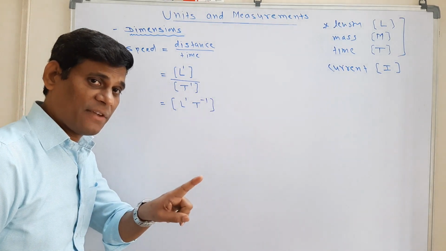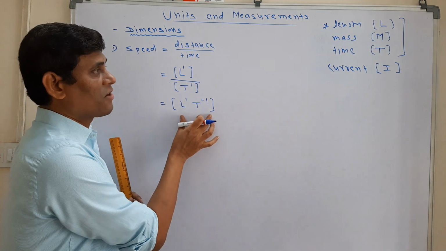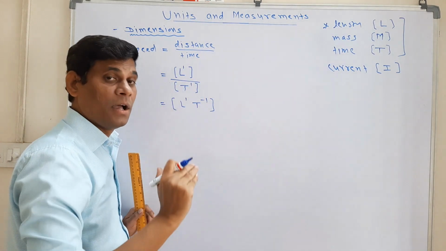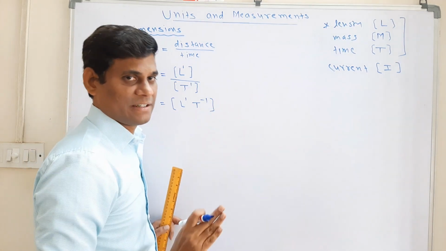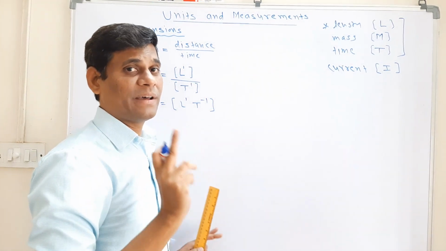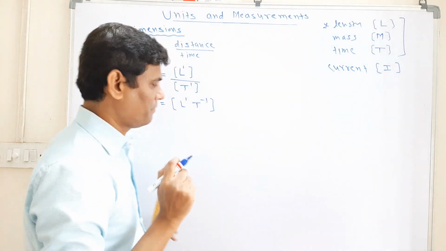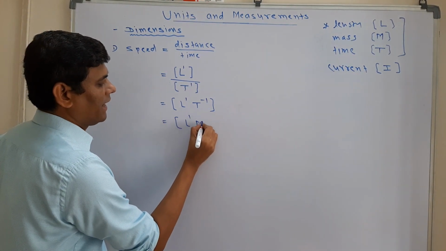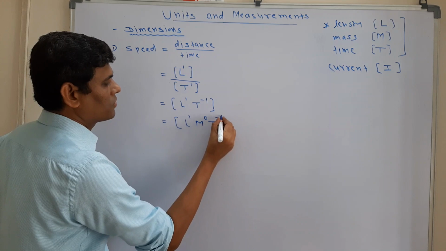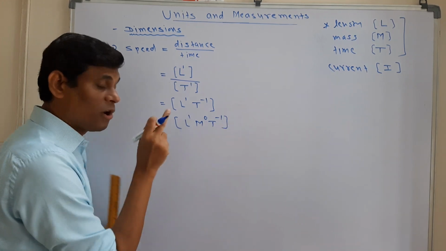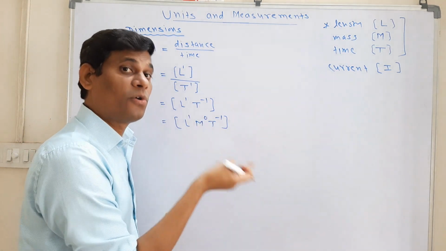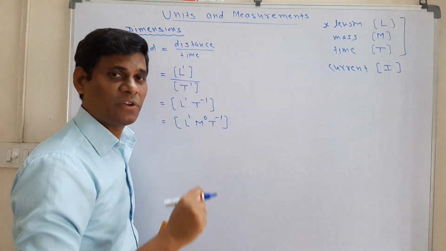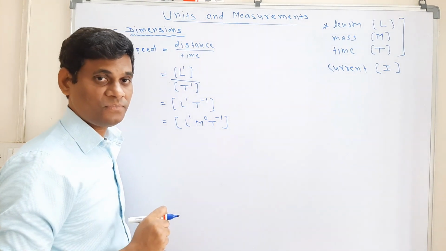Now see carefully, students, the mass physical quantity is not there in this formula. But suppose if you want to write it, you can write it, but raise the power by 0. Means you can write L raised to 1, M raised to 0, T raised to -1. A physical quantity that is not there, and you want to write it, then raise its power by 0, because anything raised to 0 is always 1.